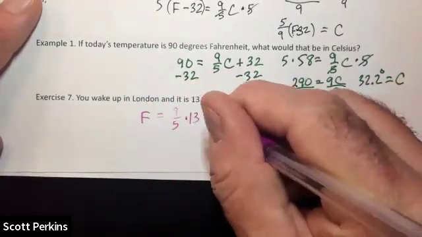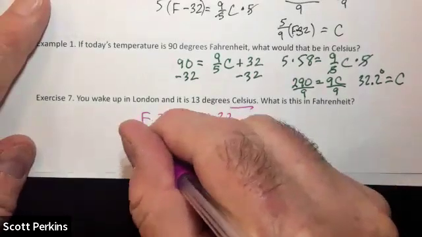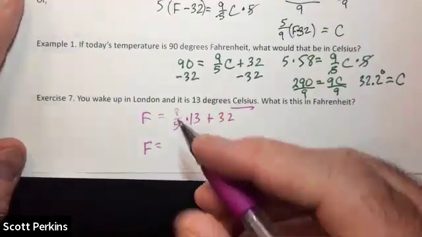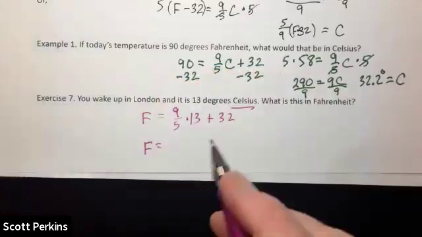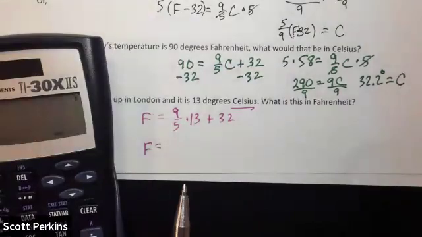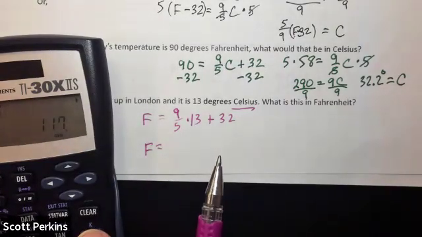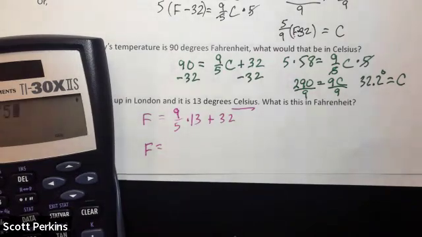Times 13 plus 32. And now this time, since I plugged in the Celsius, this is just a little order of operations problem. So I'm going to take the 9/5 and I'm going to multiply by 13. So I've got 9 times 13 equals 117 divided by 5.